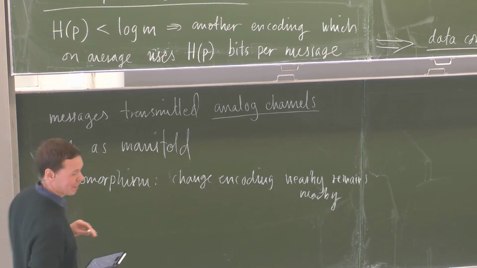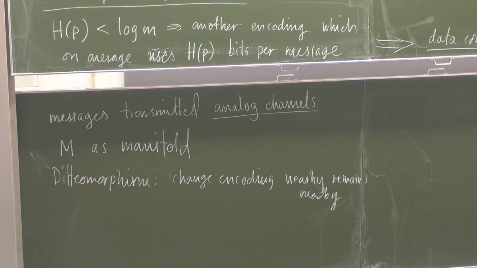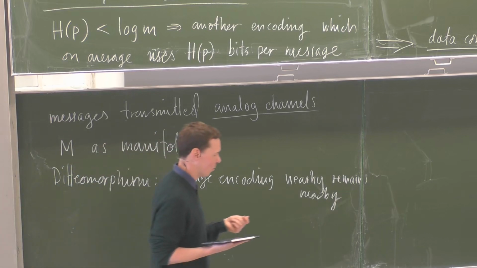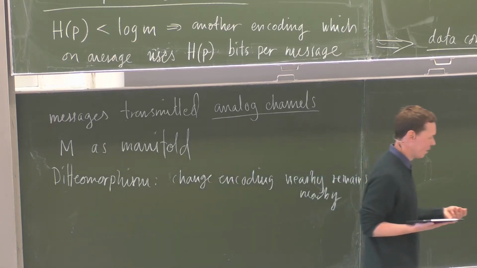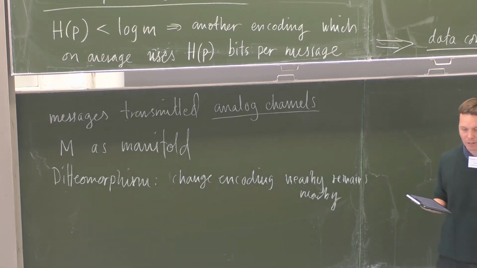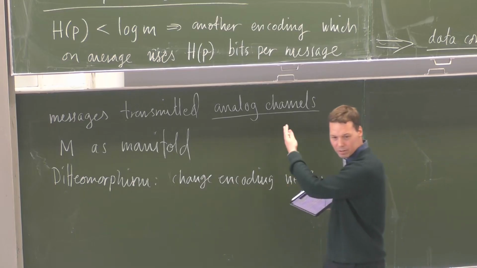Yeah, it's a bit vague now, right? But think of when you're sending a text over a telegraph line with Morse code, for example. That would be one encoding. And then eventually the information is traveling in an electrical signal. The electrical signal is analog.